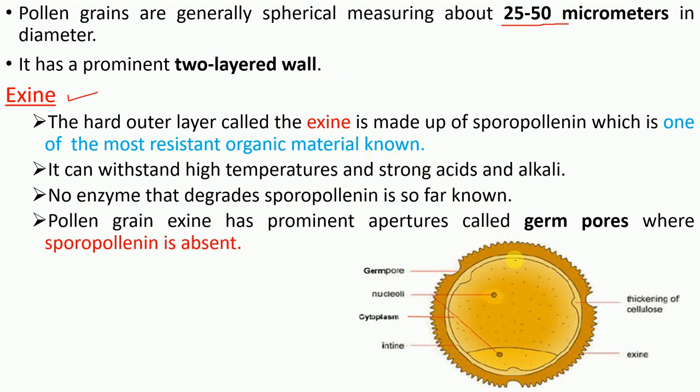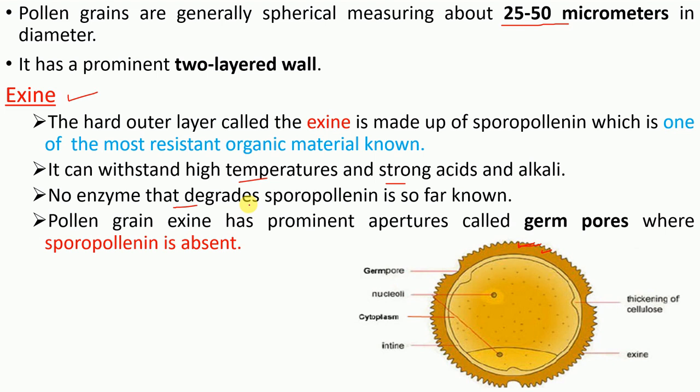As I told you, this exine layer is made up of sporopollenin and it is very hard. It can tolerate high temperature and strong acid and alkali, extreme environments, and there is no enzyme that degrades sporopollenin.